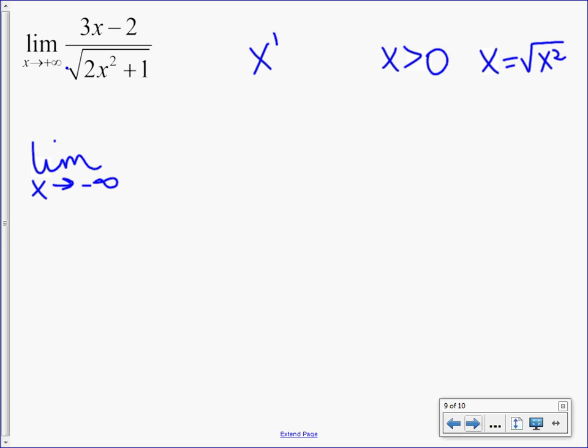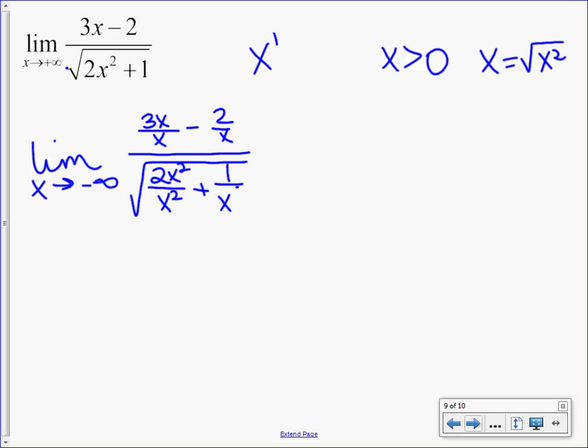So, we're going to divide by that x to the first power. Under our square root, we would be dividing by what? If we're in our square root, we need to divide by the x squared, because the square root of x squared is x, right?